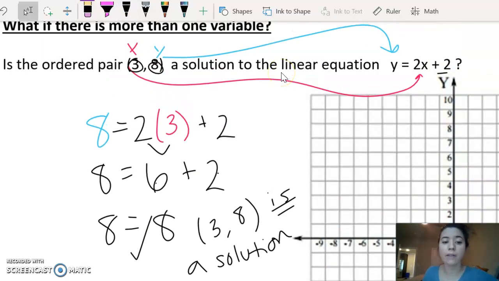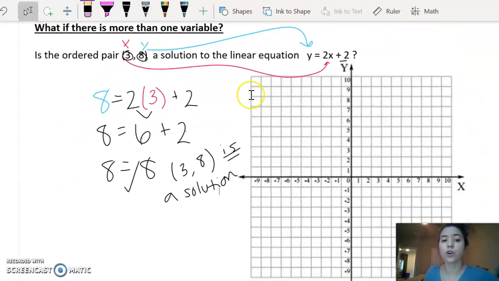Now I have this graph here because I want to show you what that means. Yes, the solution makes it true, but this is the purpose of us when we graph. If we were to graph this, my y-intercept is 2, so we have a point here at 2. My slope is 2 over 1, so I go up 2 over 1.